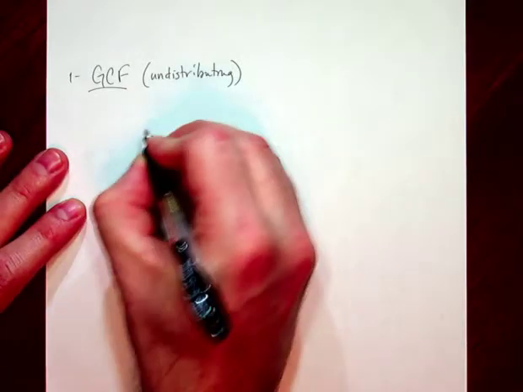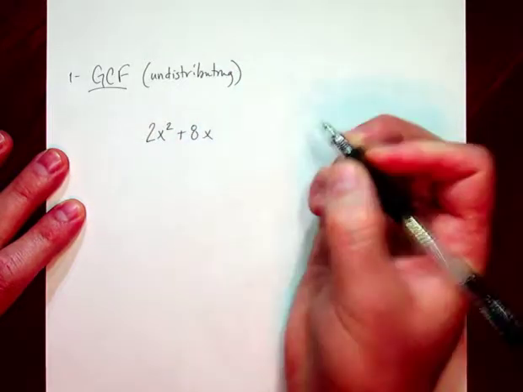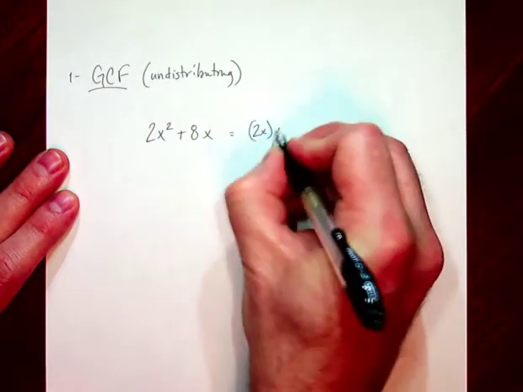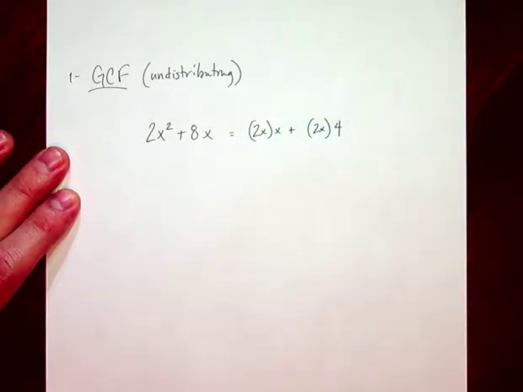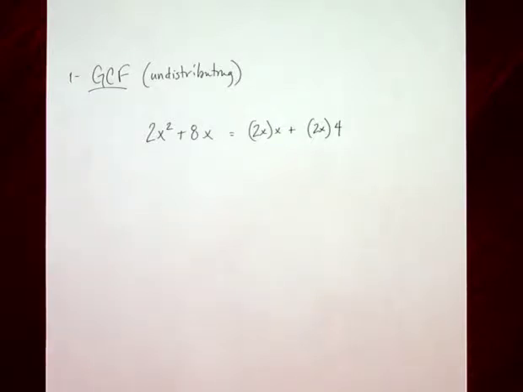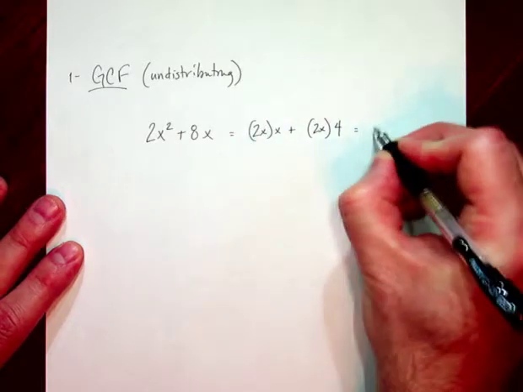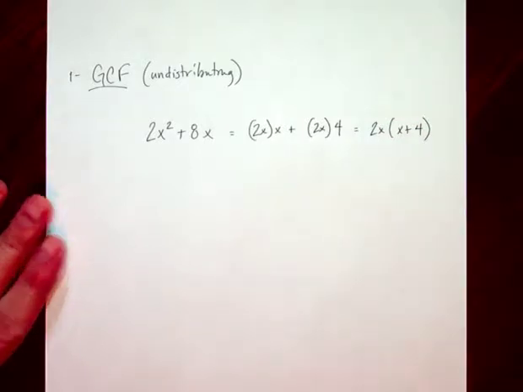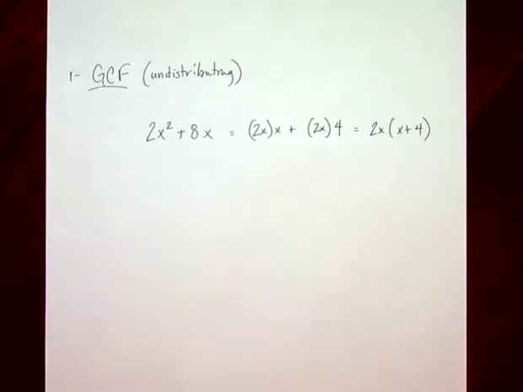So if you're given something simple like 2x squared plus 8x, I noticed that it's 2x times x and then 2x times 4, right? 2x is the common factor of both of the terms, so I can, like I said, undistribute it or factor it out, and I get 2x(x + 4). Okay, well that's easy enough.